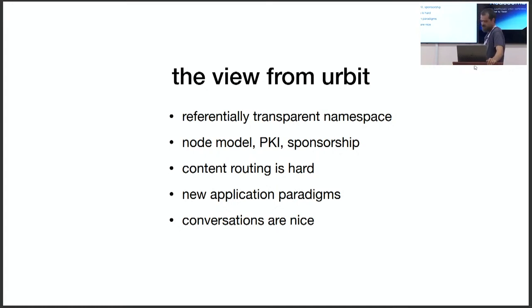But conversations are kind of nice. It's just a very natural way to think about communication. We talk about a peer-to-peer network, and that just sounds like a conversation. And so if the model pessimizes conversations too much, it's not going to fly.